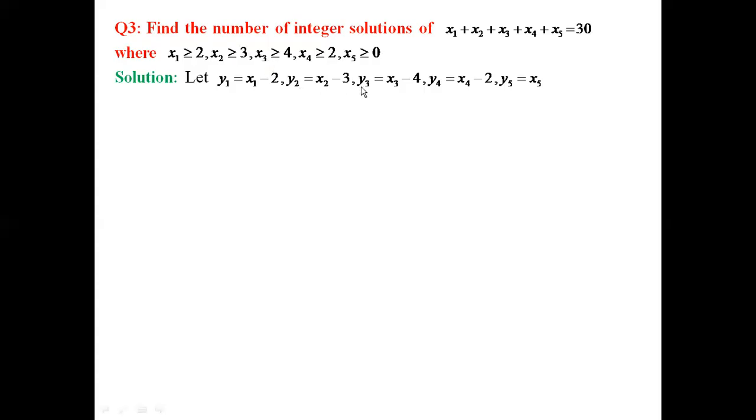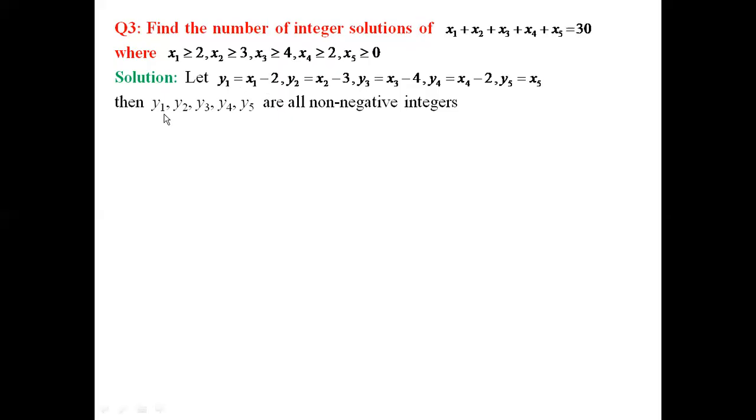Similarly, y3 is denoted as x3 minus 4 and y4 is denoted as x4 minus 2, so that both y3 and y4 are non-negative. And since x5 is already a non-negative integer, we denote y5 by x5, so that y5 is also greater than or equal to 0.